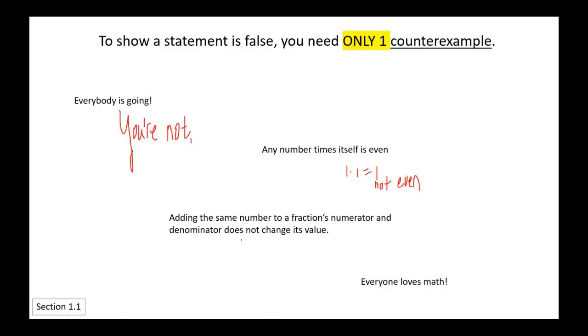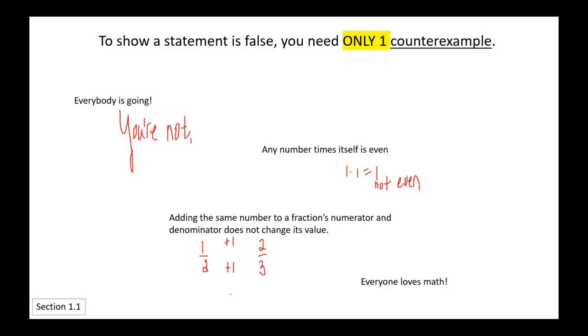Adding the same number to a fraction's numerator and denominator does not change its value. This is actually a very common misconception in middle school students. They think that if you take a number like 1/2 and then you add the same amount to the top and to the bottom, I like to do just examples with very, very simple numbers, then that one becomes 2/3.